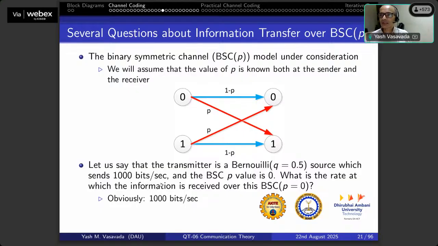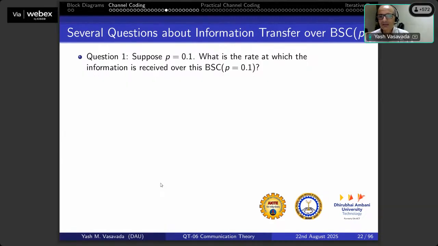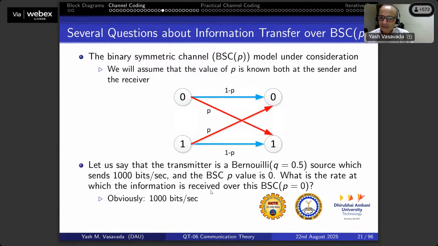Matthew said 900, Pooja said 900. Okay. Now let me ask one more question. For P equal to 0, it is 1000.